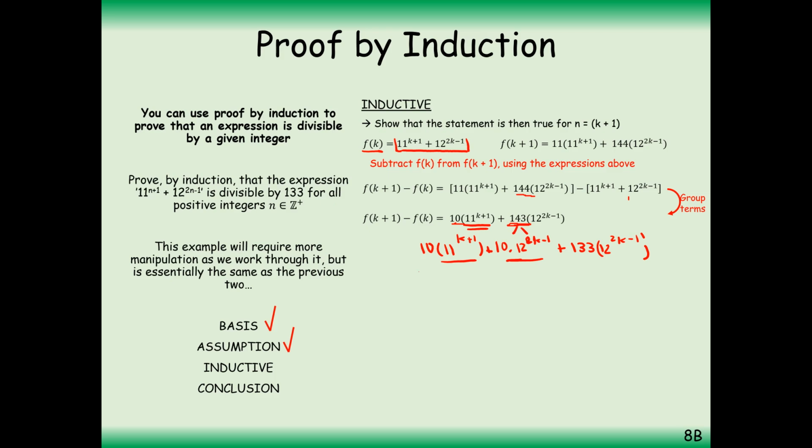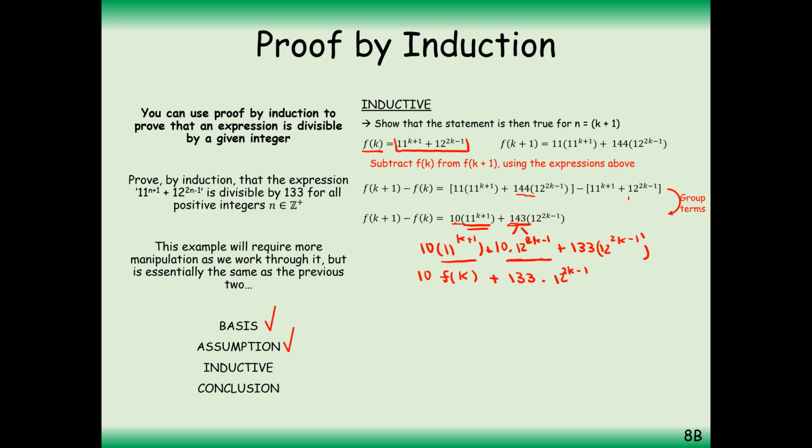So we have 10 lots of f of k, which by assumption was divisible by 133, right? So we have nothing to worry about there. f of k is already divisible by 133, and we now have a factor of 133 that is multiplied by 12 to the power of 2k minus 1.